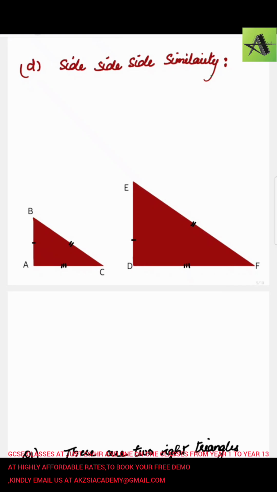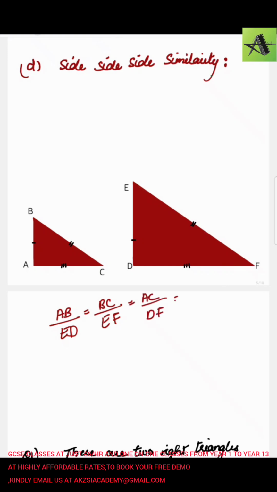So similarly, by side similarity, we have to prove that AB over ED, that means this and the corresponding side this, when I take the ratio, is equal to, because in the numerator I am using the sides of the smaller triangle, so every time when I'm finding the ratio, the smaller triangle side should be in the numerator, which means BC over EF, which is the hypotenuse of both the triangles, and AC over DF.